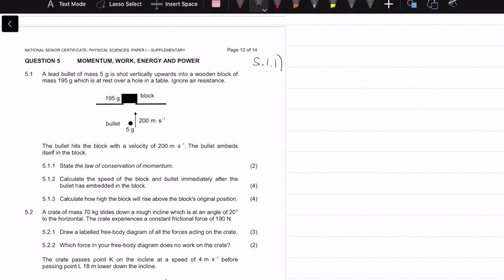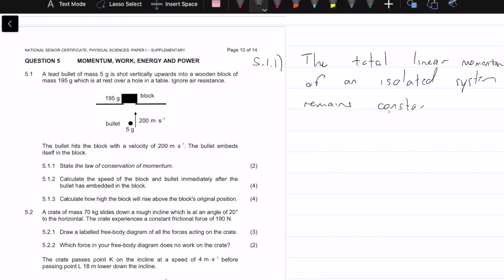5.1.1. State the law of conservation of momentum. Basically, the total linear momentum of an isolated system remains constant.